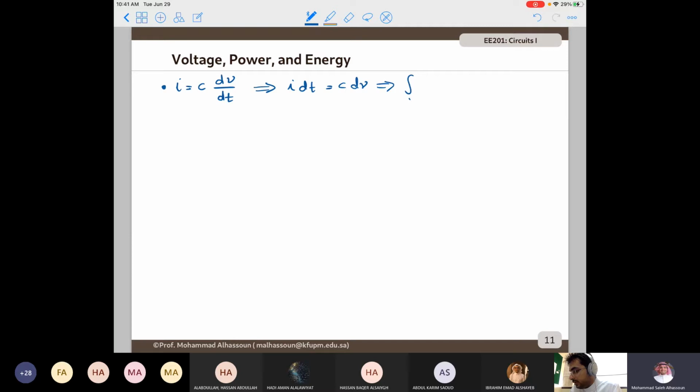So I integrate both sides from t naught to t of i d tau, therefore V of t is 1 over C times the integral from t naught to t of i d tau, plus V of t naught.